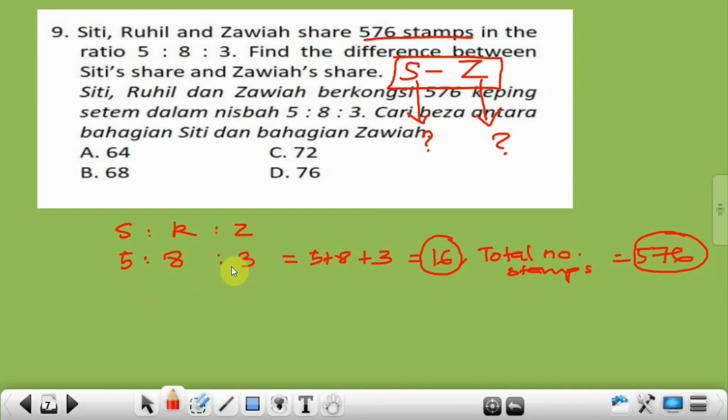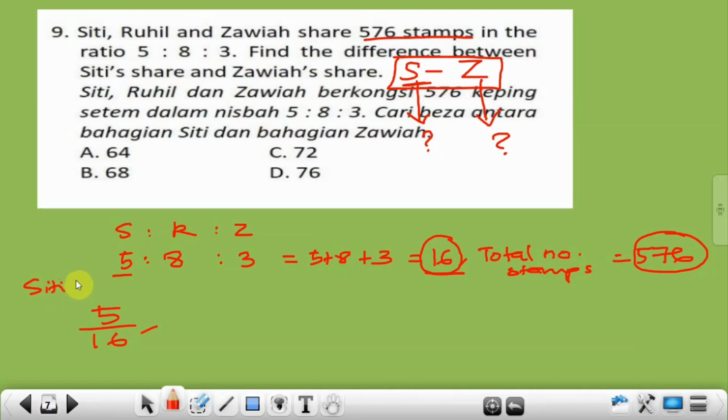So now we want to find out, the way we have to find, we want to find Siti's first. Okay, Siti's ratio is 5. The ratio of Siti to the total number is 16. Okay, this is Siti, this is the total number.